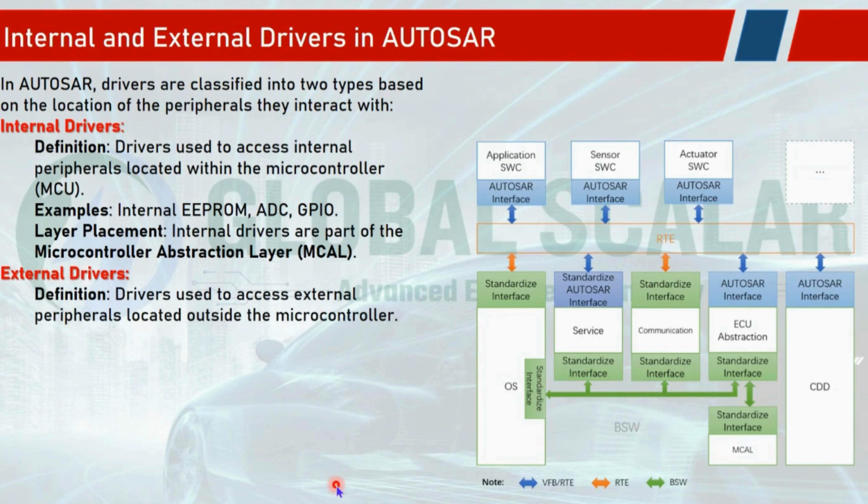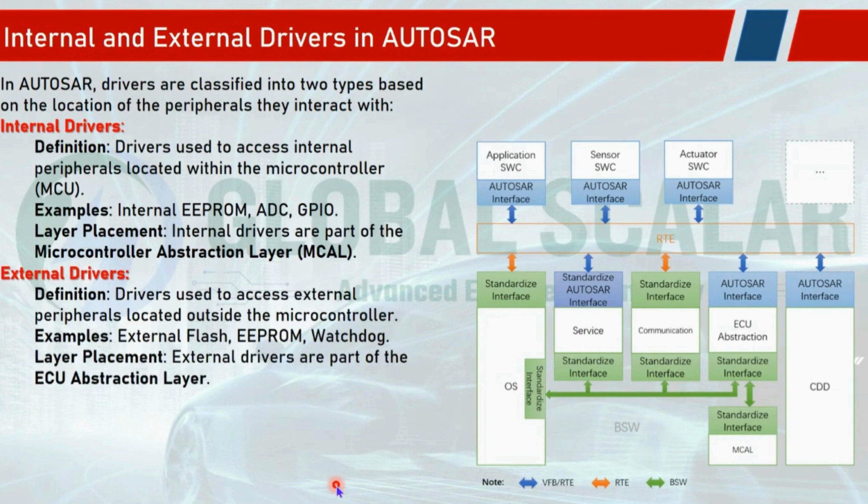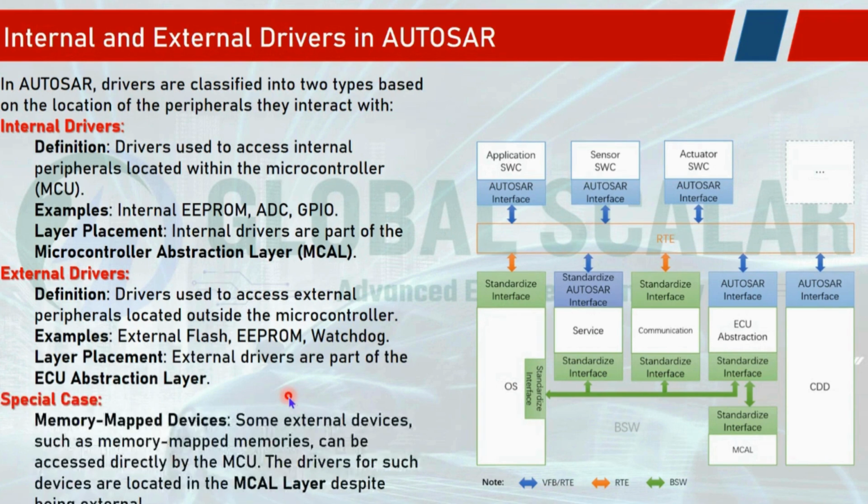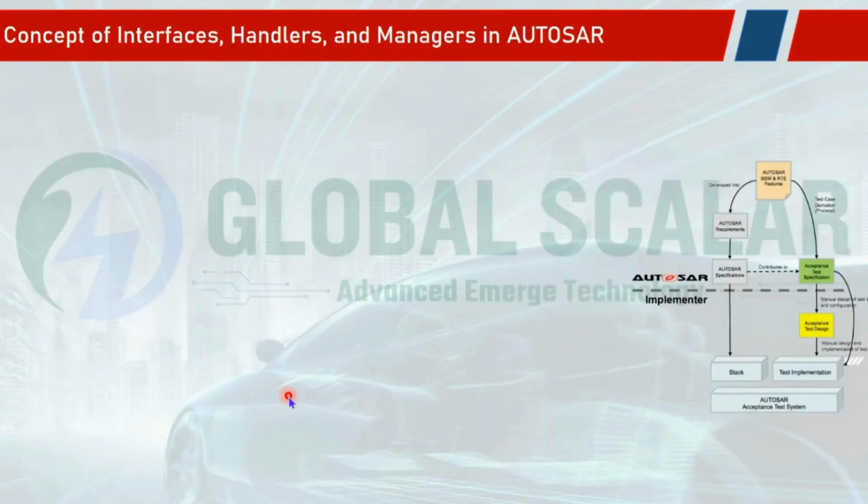External drivers are used to access the external peripherals located outside the microcontroller: external flash, EEPROM, watchdog, and so on. Here the external drivers are part of the ECU abstraction layer. And in a specific case, the memory mapped devices, some external devices such as memory mapped memories, can be accessed directly by the MCU. The drivers for such devices are located on the MCAL layer.